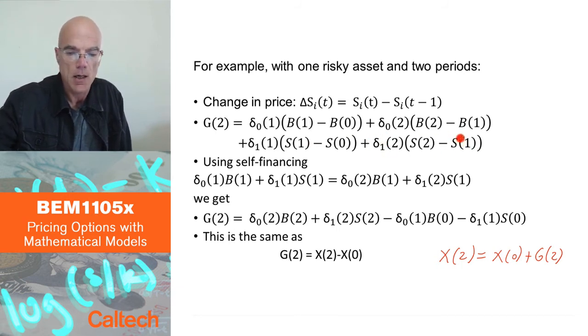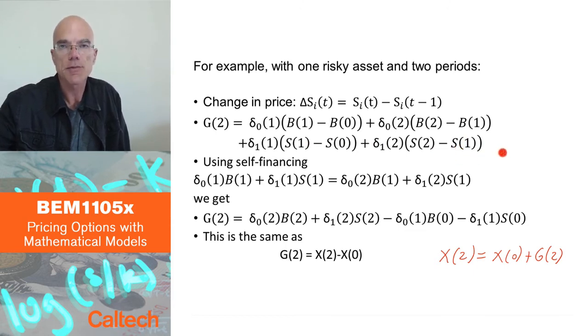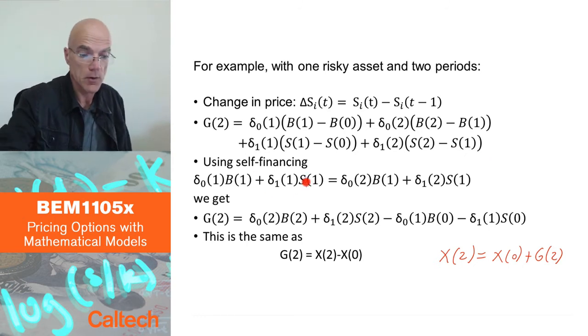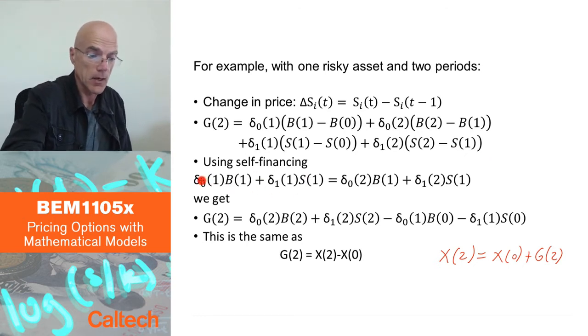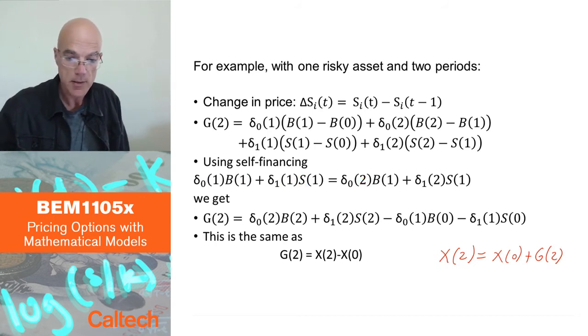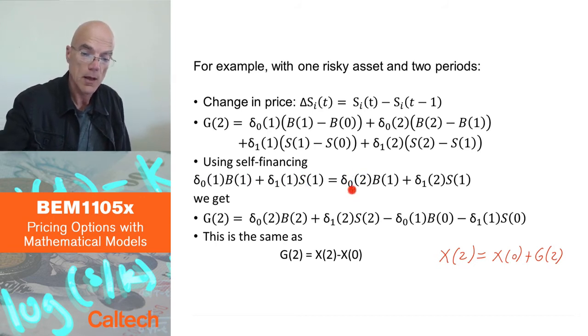Okay? So what I need to do is actually use that self-financing condition. I'm going to use it in this form. Remember, it said if I have delta 1 of the asset times its price at 1, plus delta 1 of the other asset times its price at 1, it's the same as if I move deltas to the next period, 2.